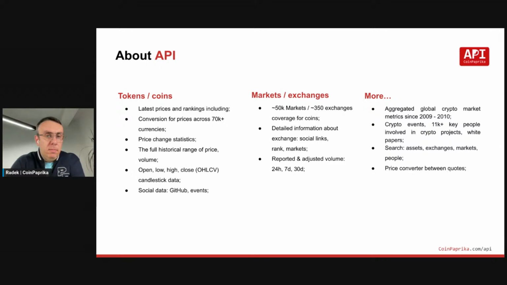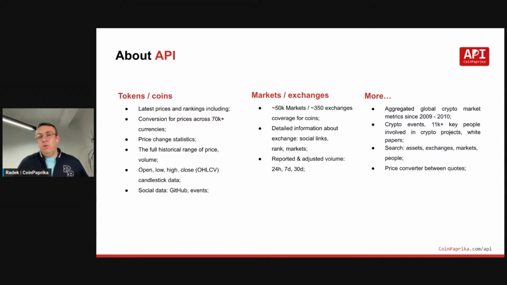The second category of our endpoints is connected to the markets and exchanges. So let's say you are interested in getting information about markets where Bitcoin is traded, so you can get all the active markets for the asset.